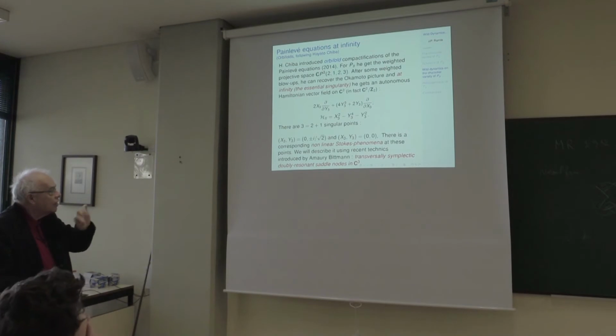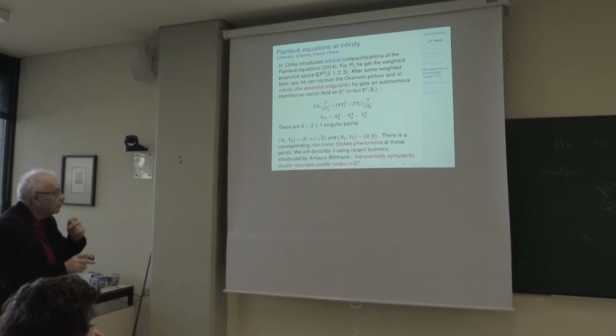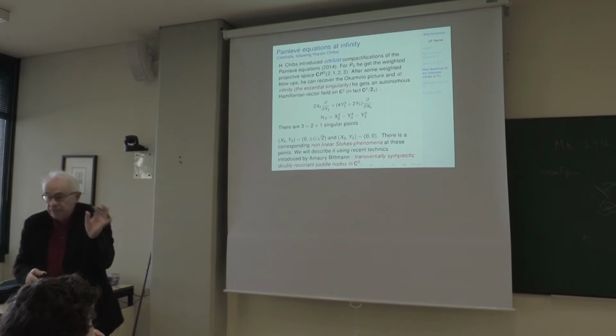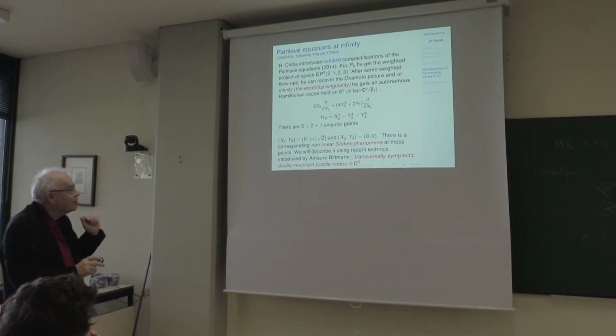And looking at each singularity, he can recover the Komoto picture. And he gets some essential singularities. And today I'm interested in the essential singularities. And you get them as the stationary points of this Hamiltonian, H2. And there are three singular points.